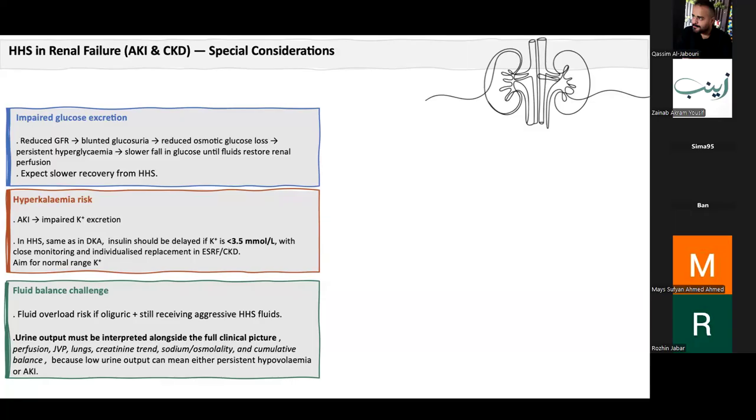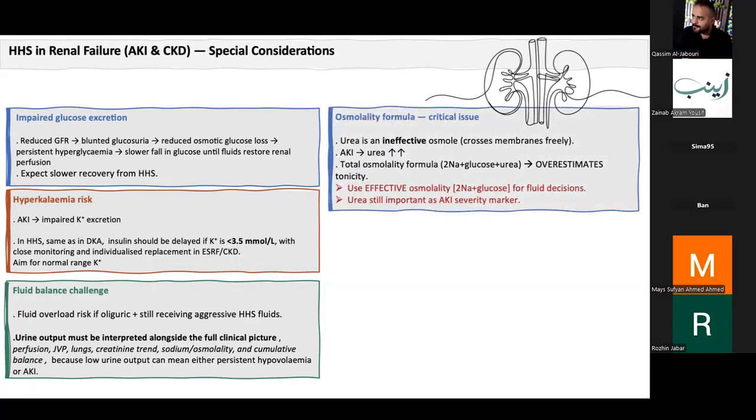So monitoring with the JVP, oxygen saturation, and regular blood checks to look at the creatinine trend, the sodium levels, and measuring osmolality is essential. And you cannot rely on urine output in those patients because even with adequate hydration, the urine output may still be low because of acute kidney injury on a background of chronic kidney disease.